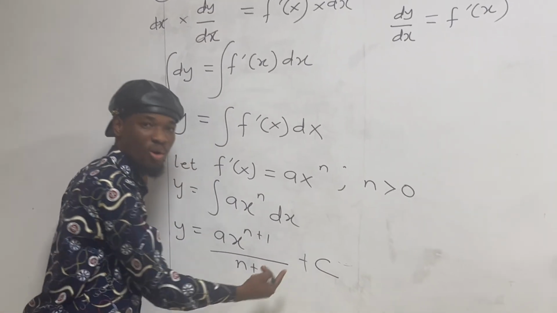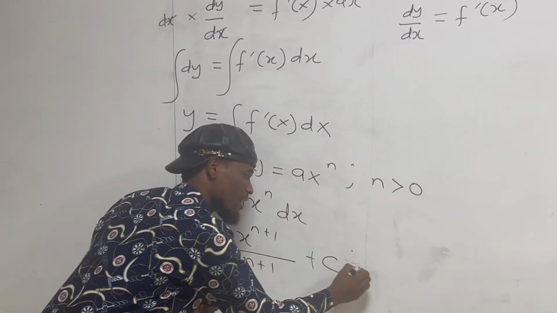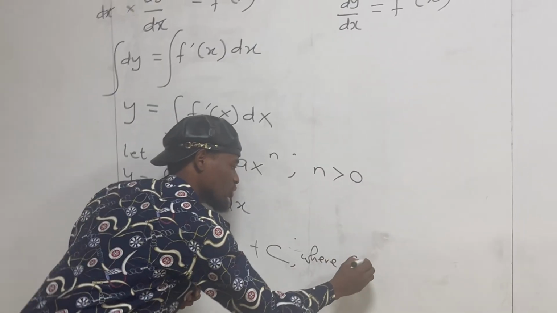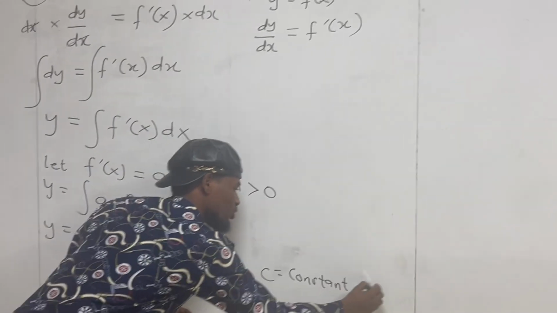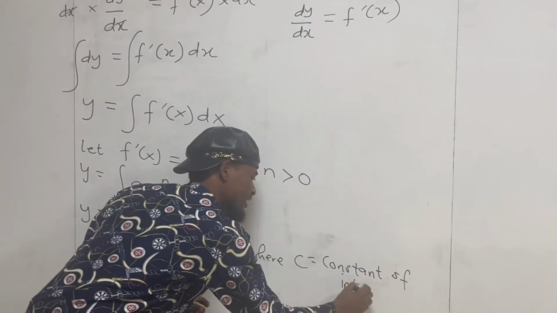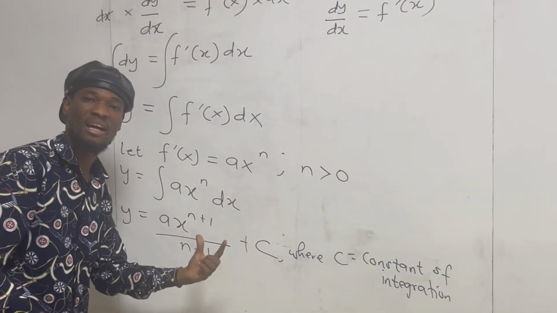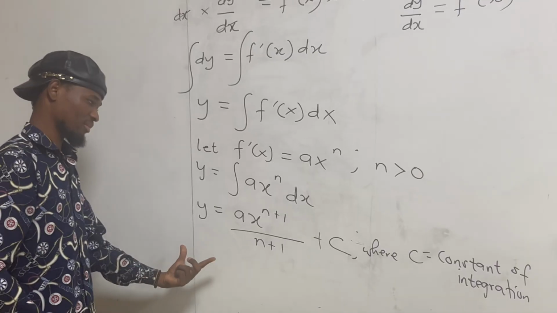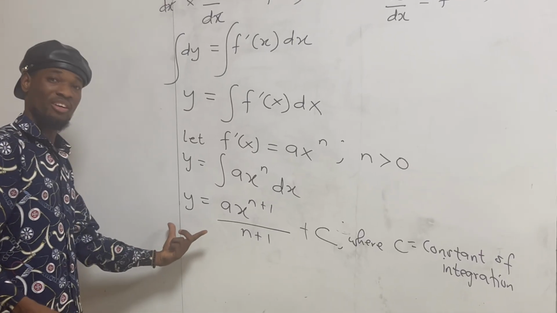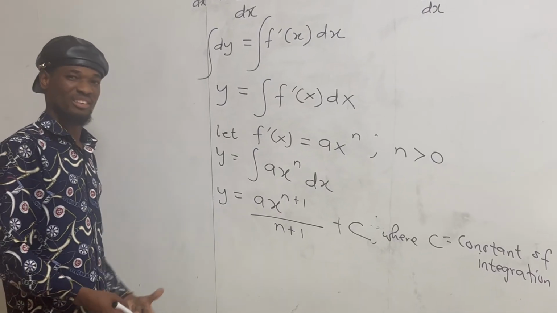So either c, or in some cases you see k, where c is your constant of integration, or c is an arbitrary constant. So viewers, this is how it goes, and this is how we integrate simple functions this way.